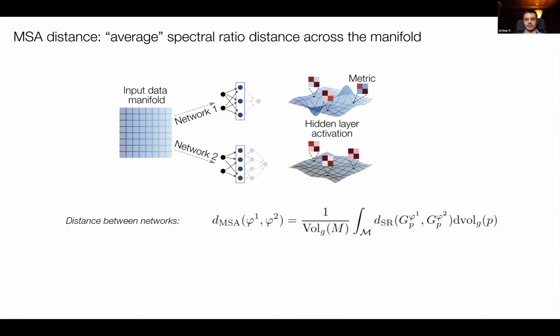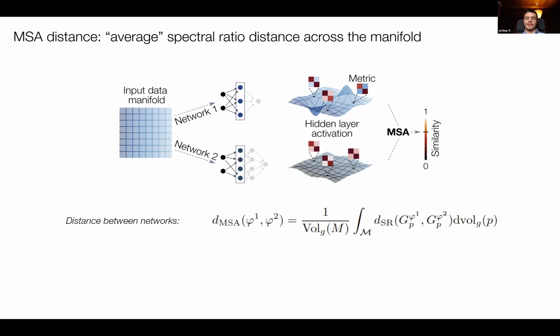So I'm integrating over the whole manifold the distance between the local coordinate representations of the pullback metric of these two networks, and then dividing by the volume of the input manifold. There is a way to make this notion of averaging precise from a statistical standpoint, but I won't go deeper into this.